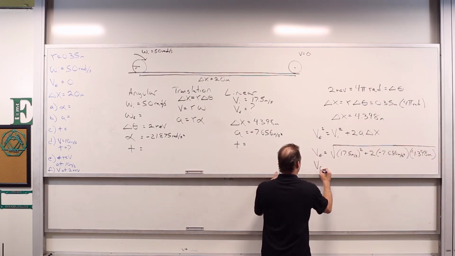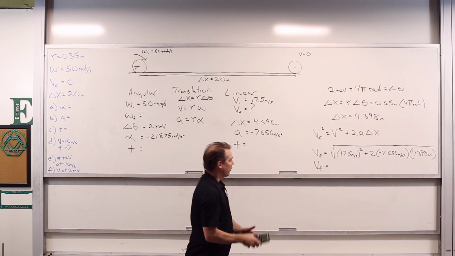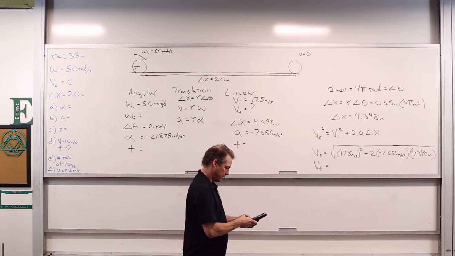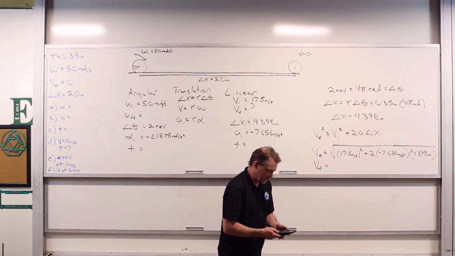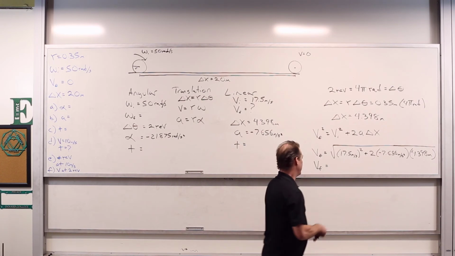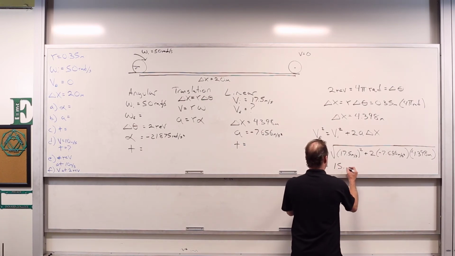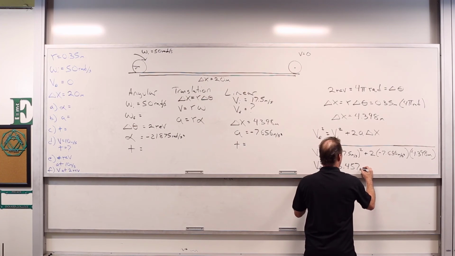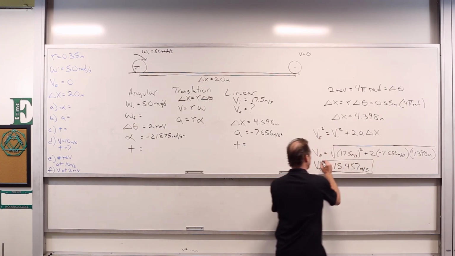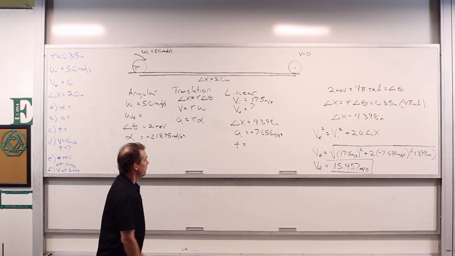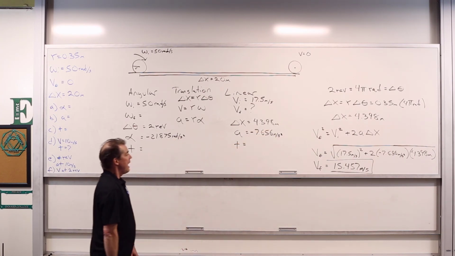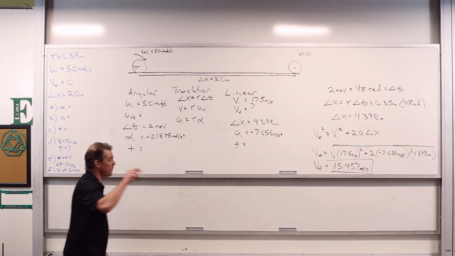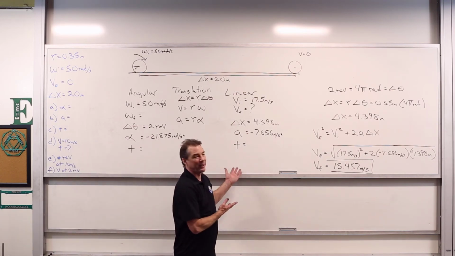Square root of 17.5 squared plus 2 times negative 7.656 times that answer gives us 15.457 meters per second. It spins around 2 times, moves forward a distance of 4.398 meters, and goes from 17.5 meters per second down to 15.457 meters per second. We can figure out the time interval for that.